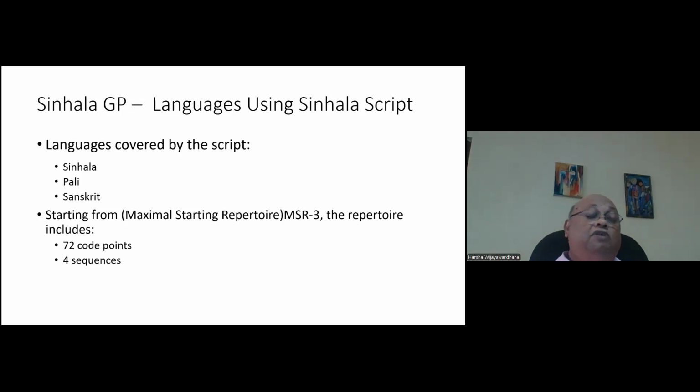By the way, when we talked about Sinhala, when we go back towards, let's say, the first and second century, a lot of these rock inscriptions are in Sinhala Prakrit.